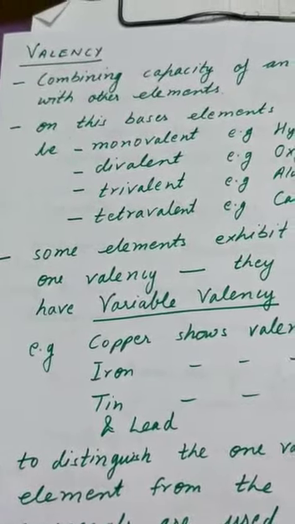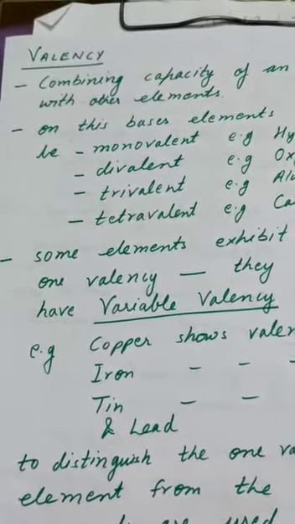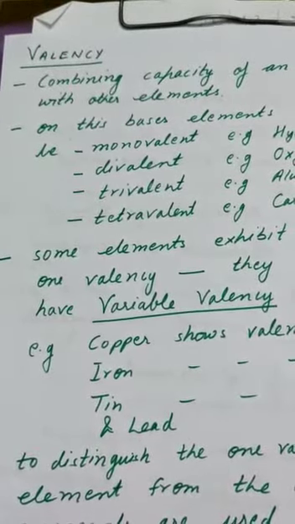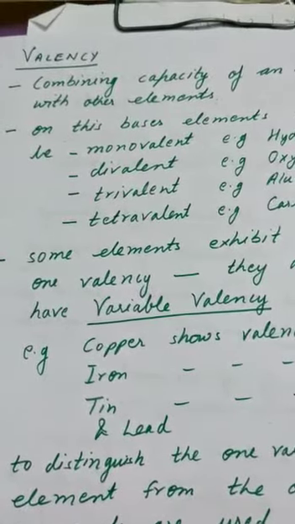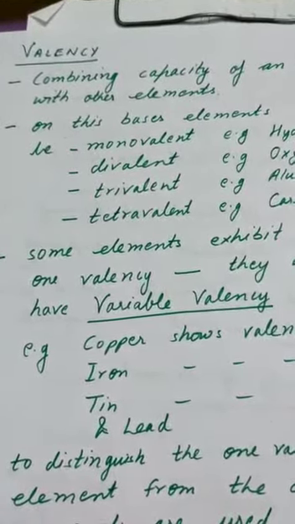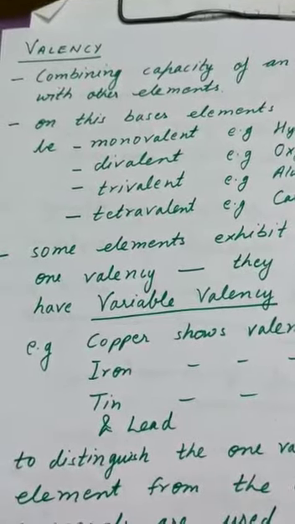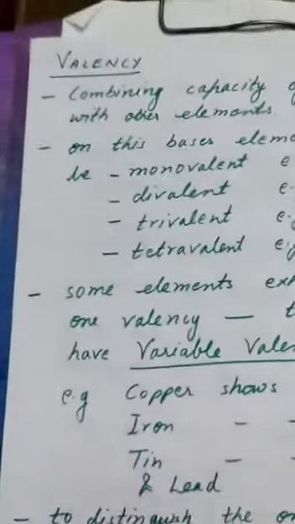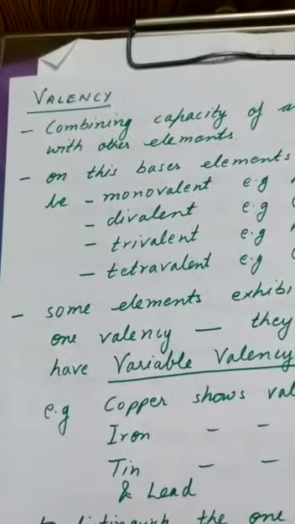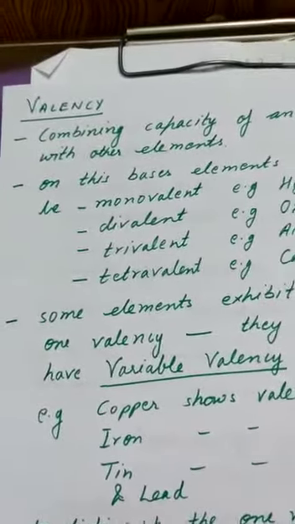To attain stability, atoms of different elements combine with each other either to form a molecule of an element or a molecule of a compound. So the combining capacity of an element with other elements is known as valency.